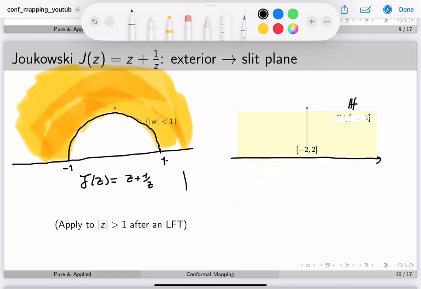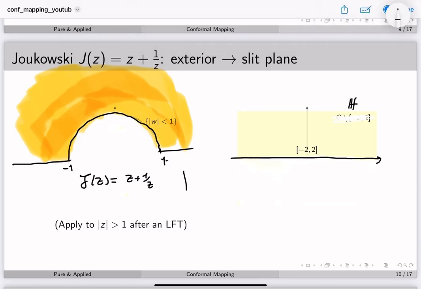So again, to be able to know where something goes or where a domain goes, you just need to know where the boundary goes. And this is what we're going to do now. We're going to just see where the boundary goes, and this will tell us where the domain goes. So we'd like to know where the boundary goes.